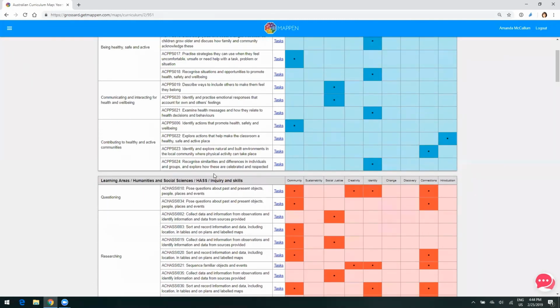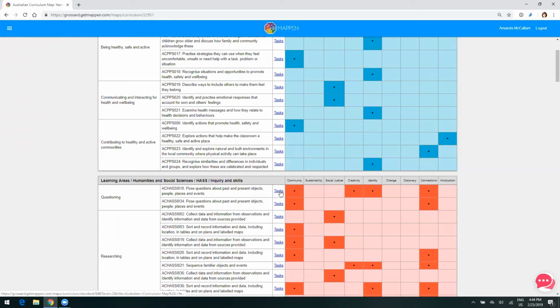So when I come down here, I'm looking at the HASS. I'm in an Australian Curriculum school at the moment, so that's why it's being referred to as this. You can see the Australian Curriculum code. That would be NSW or Victoria, depending on where you are. You can see there that that particular content description about posing questions about the past and present objects appears for years 1 and 2 in the community unit, the creativity unit, the identity unit, and the connections unit.